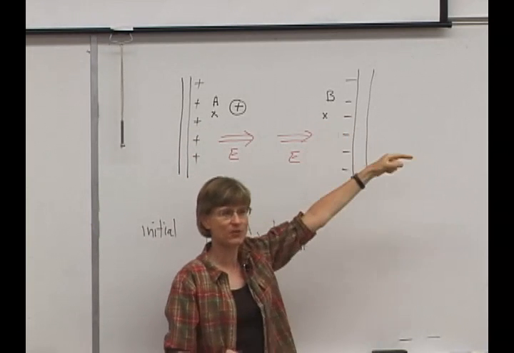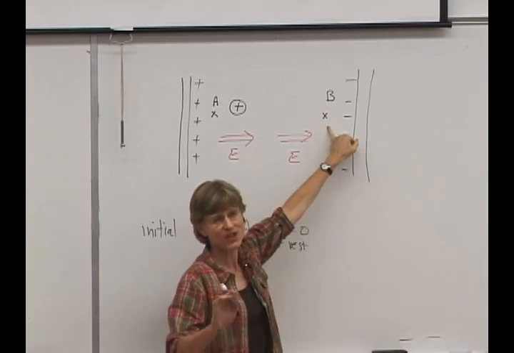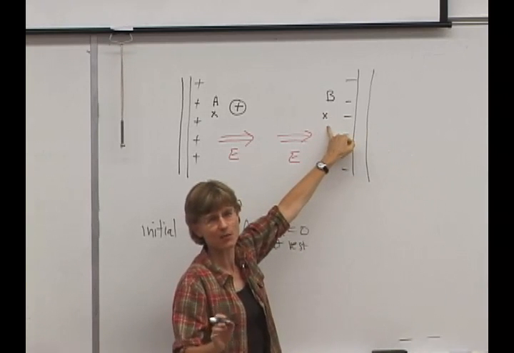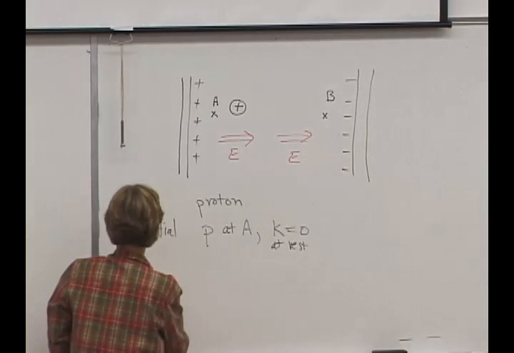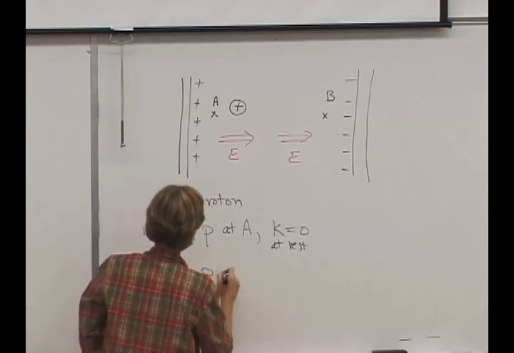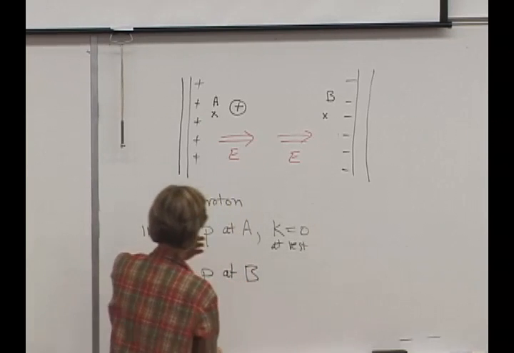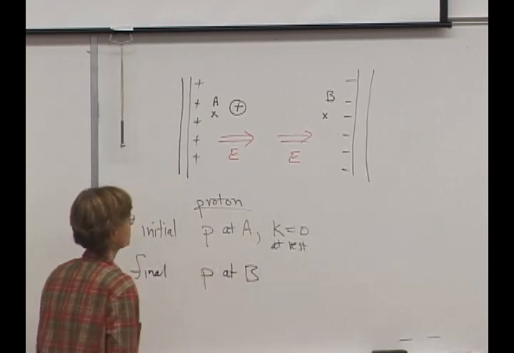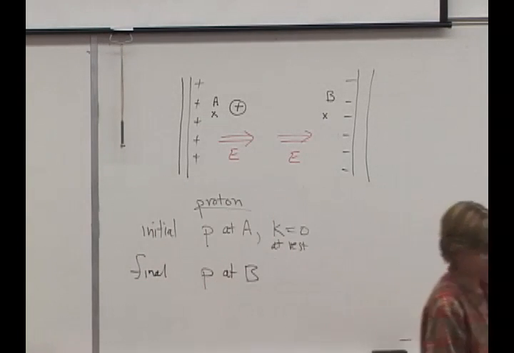And B is just before it crashes into the other plate. So we can say our final situation is any time we want. We don't have to wait till it crashes into the plate. So for the final situation, the proton at B has kinetic energy that is not zero. So that's our initial and final situation.